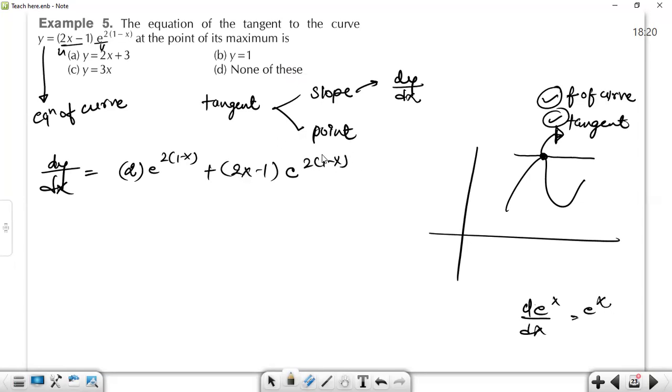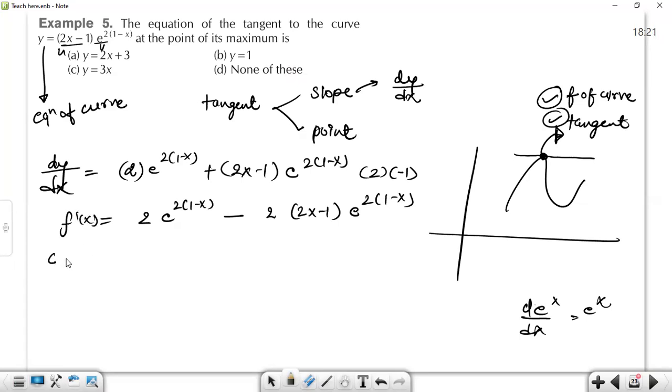Now the differentiation of 2 into 1 minus x: 2 is a multiple, the differentiation of 1 is 0, and of minus x is minus 1. So simplifying it, it's minus 2 into 2x minus 1, e to the power 2 into 1 minus x. So this is f dash of x.